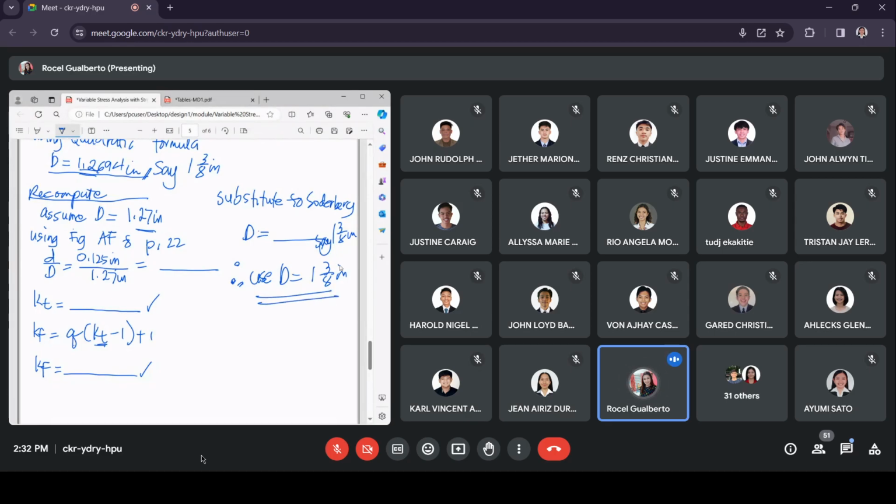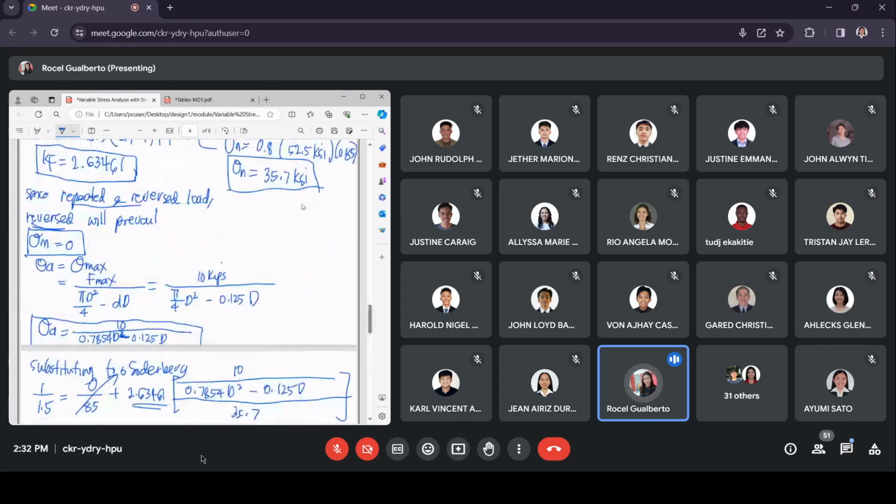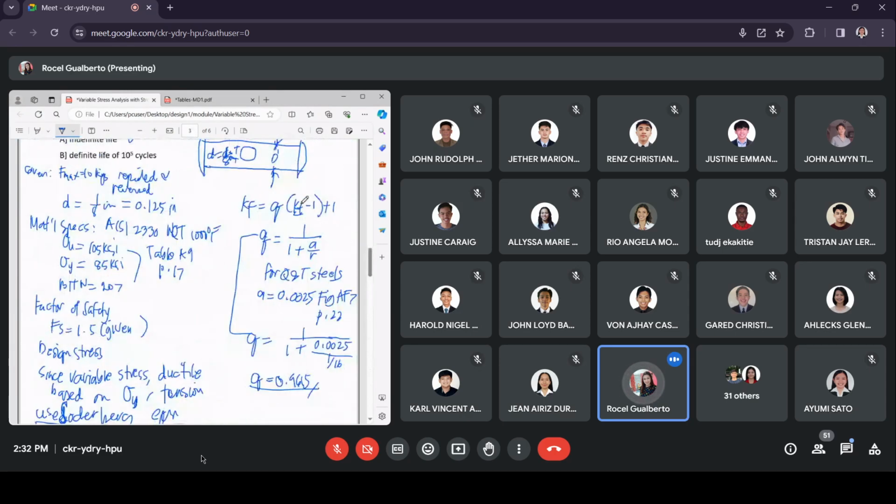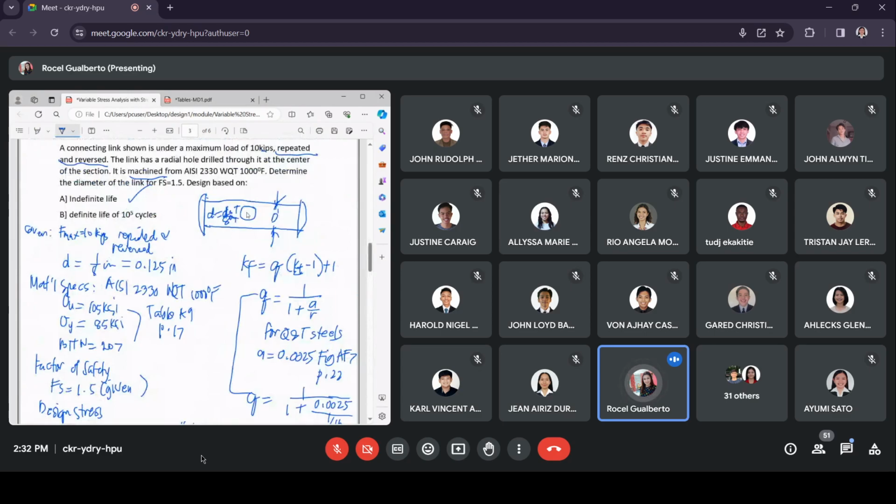Okay, question. Any question? Hello? Wala naman po. Okay. So you look at our sample problem. It focused only on one stress raiser. Okay, so for the entire member, you only have here one stress raiser, and that is the central hole.